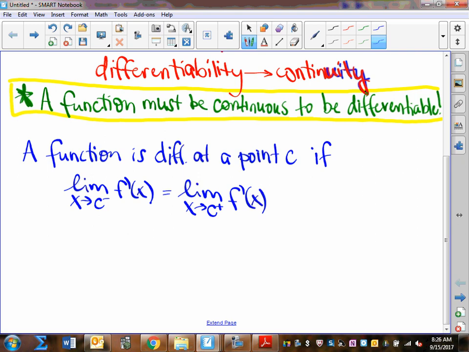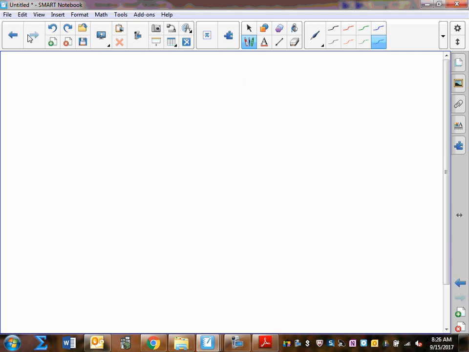So what we have here is, we think about this. I'm going to go ahead and rewrite these terms down to talk about that connection.